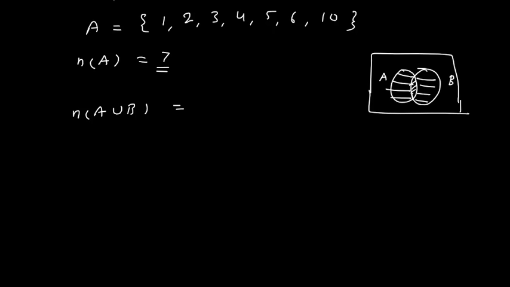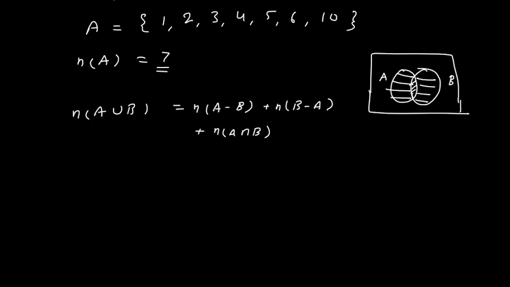The first part is n(A minus B), the second part is n(B minus A), and the middle part is n(A intersection B).